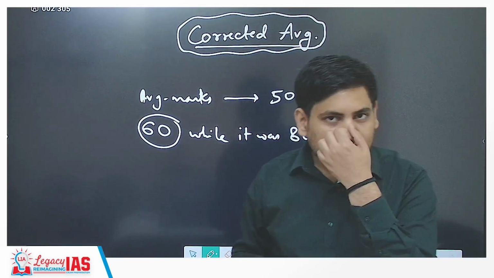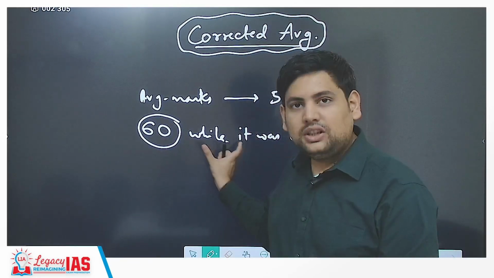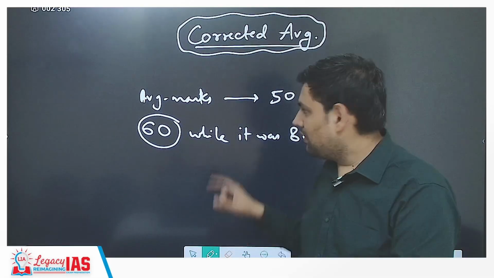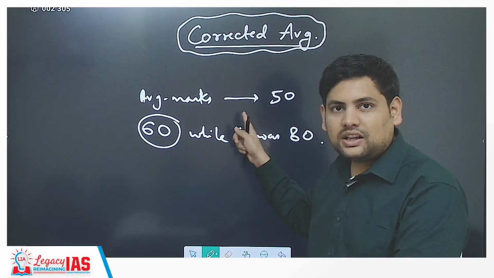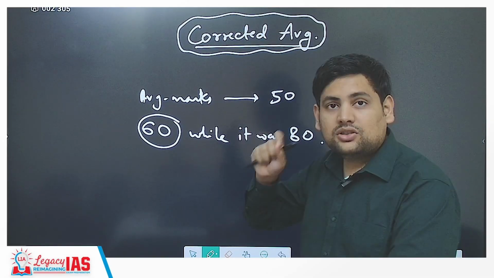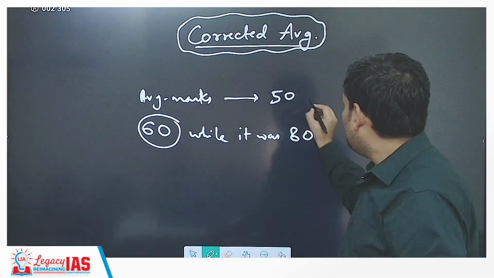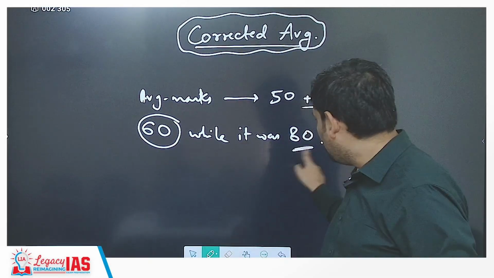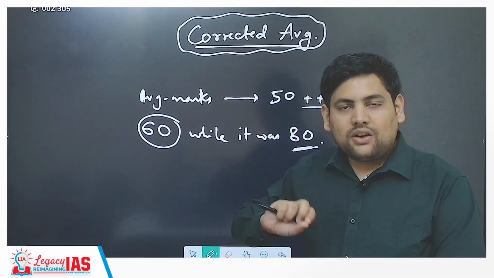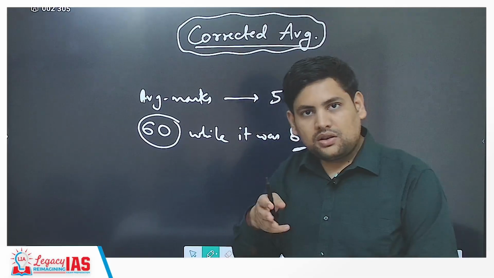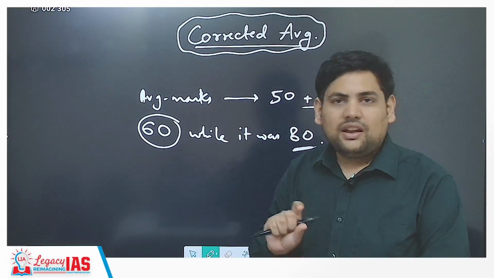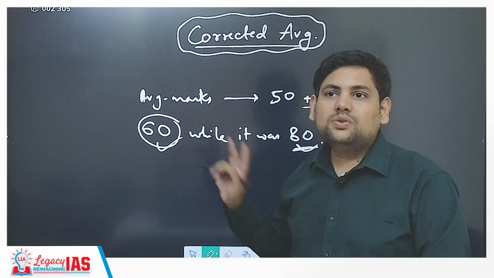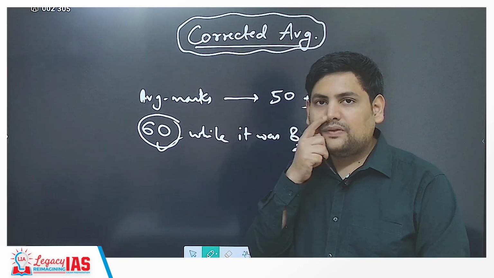Because you have reduced his original marks, the corrected average, the average that should have been correct, will be something more than this. Why? Because originally he got 80 marks. One way is finding the entire sum in both cases and then making the changes of 60 and 80. The other way is using a formula that we have for corrected average.